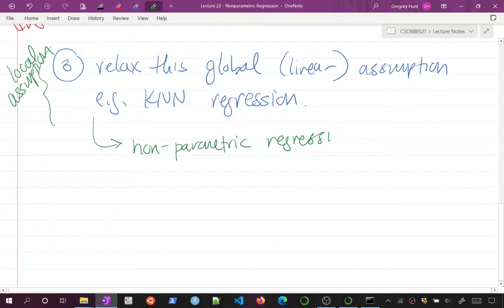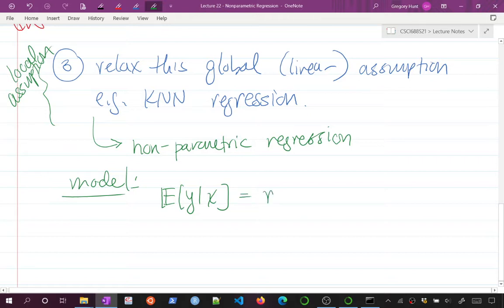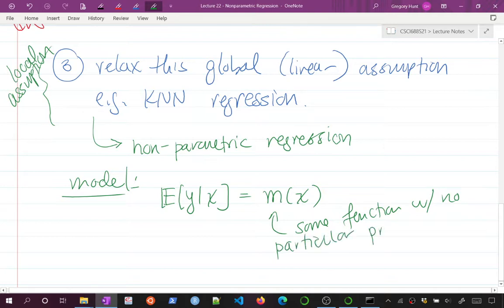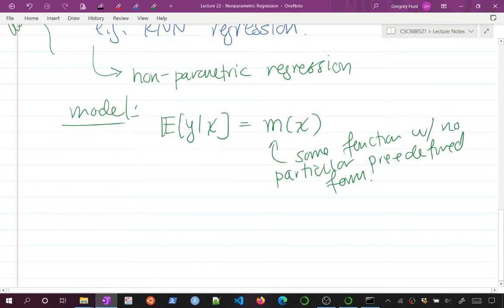It's an okay term, the idea being that what we're going to do is model this conditional expectation, instead of as a linear or some global assumption, as some function with no particularly predefined form. It's an okay way of saying it.